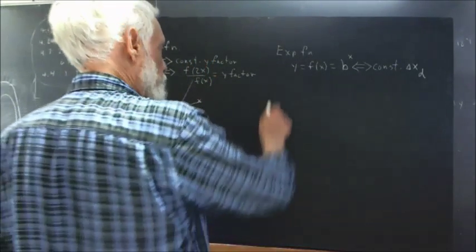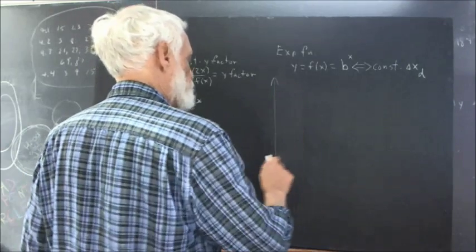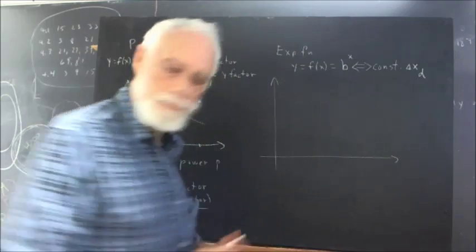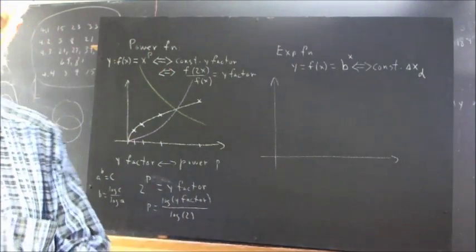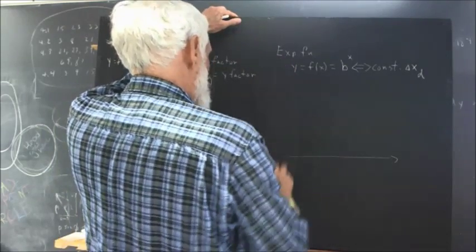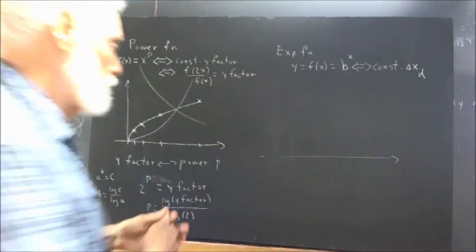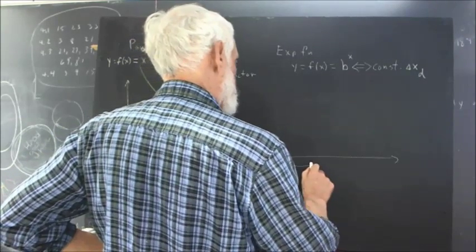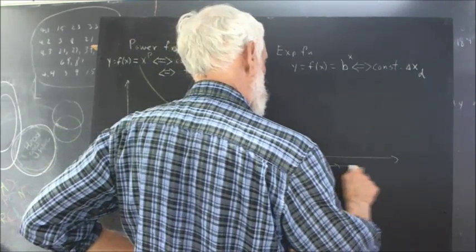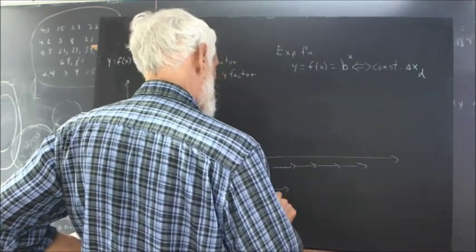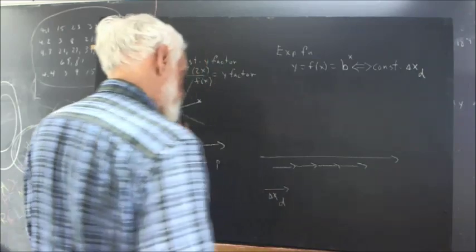Now, exponential functions. I've drawn a y-axis here, and I don't need to. We don't need the y-axis, although we will in a certain way. We have a constant doubling displacement represented by this arrow. So this is delta x sub d.